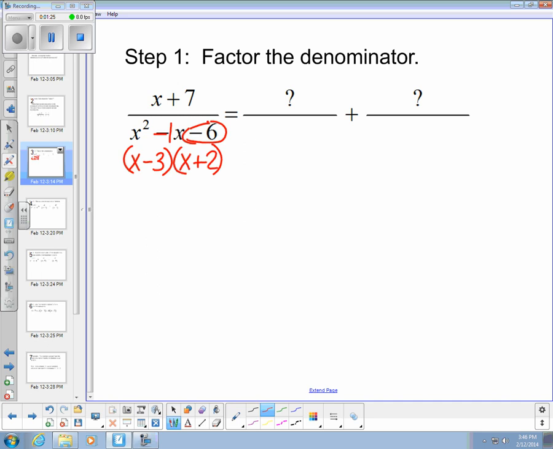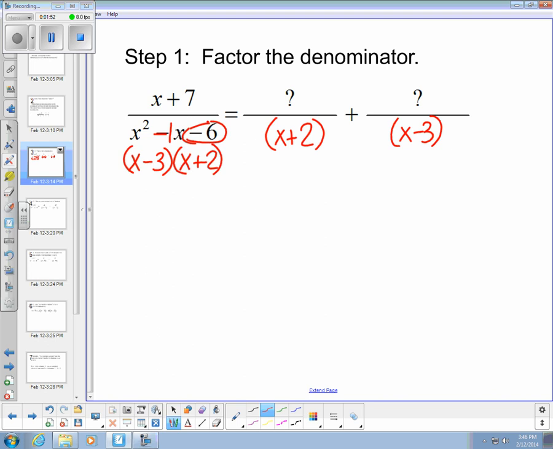So my factors are x minus 3 and x plus 2. Now, we're going to use those as our denominators, and it doesn't matter what order you write them in. So I'm going to put an x plus 2 on the first fraction, x minus 3 on the second. If you had it switched, it would not matter because we would still get the right numbers just in the opposite order. So now we've got our denominators taken care of.